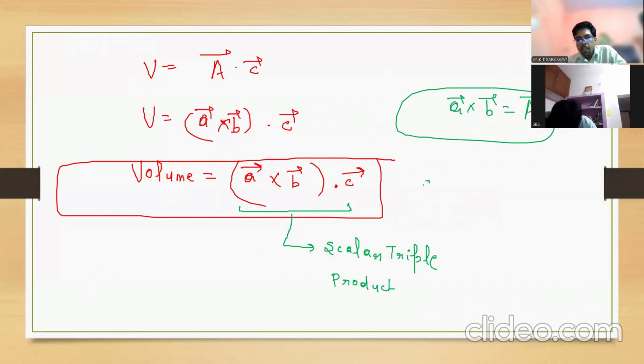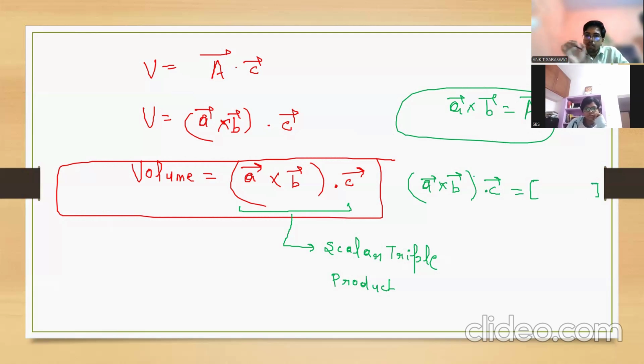Like this, A cross B dot C. We will make a box and write A B C. First you will write in the box A, then B, then C. This is the way. Then how will you read it? This is box A B C. Clear?